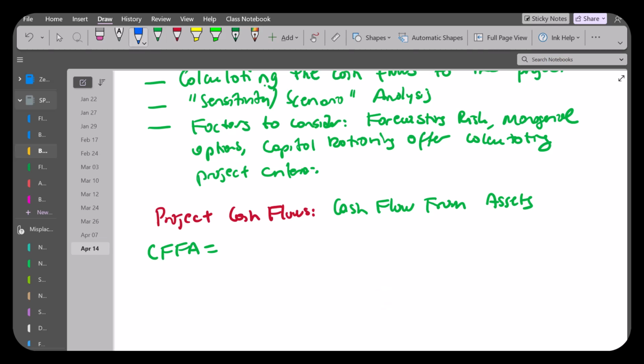And that's equal to operating cash flow minus net capital spending minus change in net working capital. So for each period, we're going to calculate these cash flows. Once we have them, all we have to do is use our template we developed in Chapter 8 to calculate the criteria and make decisions. You already know that part.